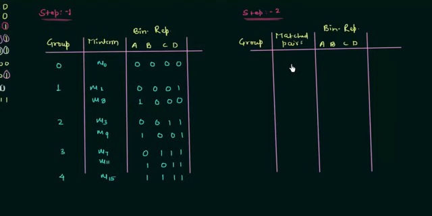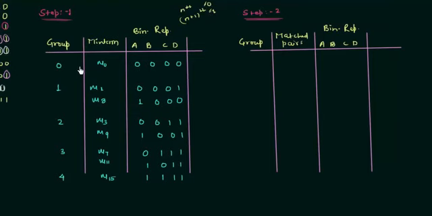The matched pair we obtain when we compare the nth group with the n plus 1th group. If 0 is the group, then 0 plus 1 is 1, and we have to compare group number 0 with group number 1, and we will obtain the matched pairs.